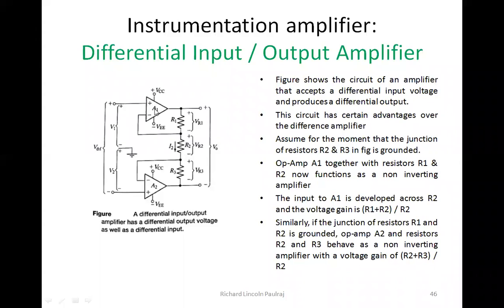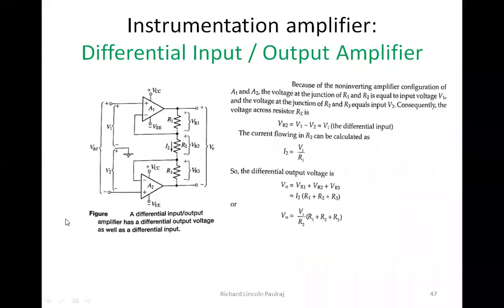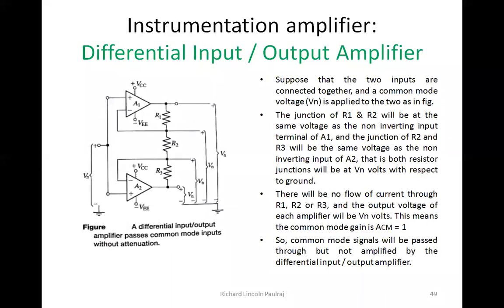How do I say that it has a differential output voltage stage? We have op-amp A1 and then A2, right? So this is the gain of op-amp 1 and the gain of op-amp 2. And we also saw different combinations here, where I can just give one voltage. We have seen that in a different section, so that was common mode.